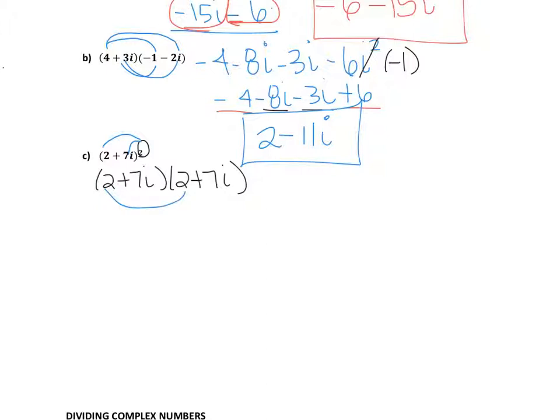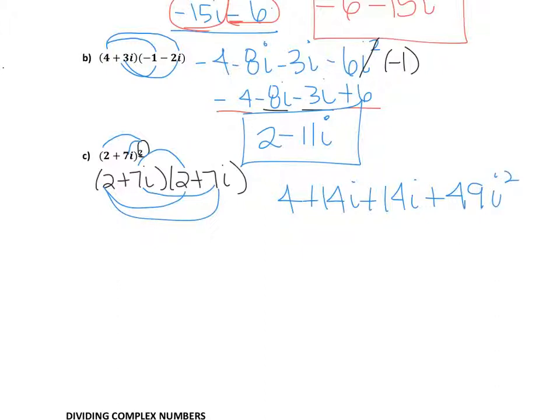2 times 2 is 4. 2 times 7i plus 14i. 7i times 2 plus 14i. 7i times 7i. Well, first off, 7 times 7 is 49, and I times I is I squared.